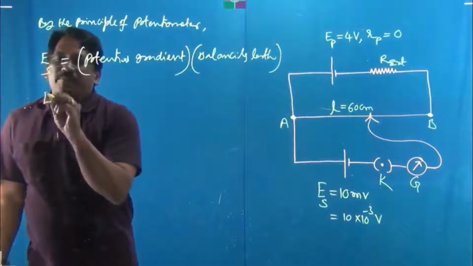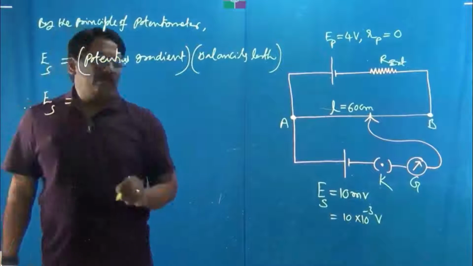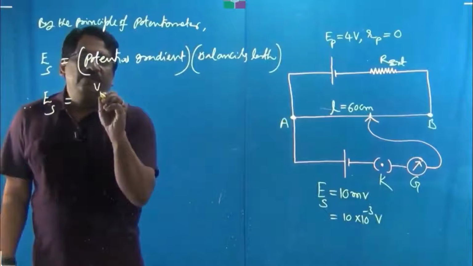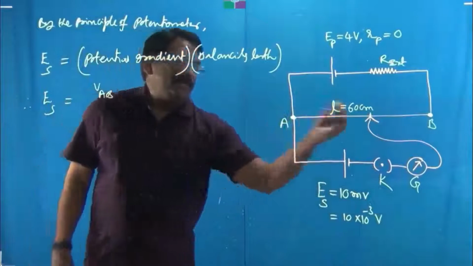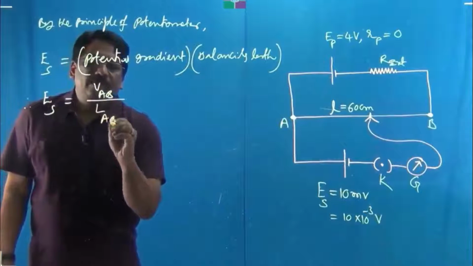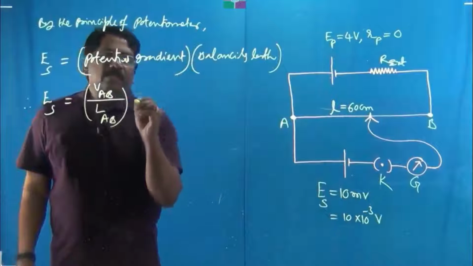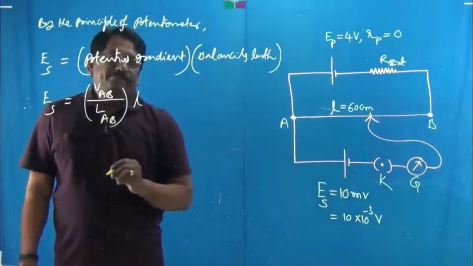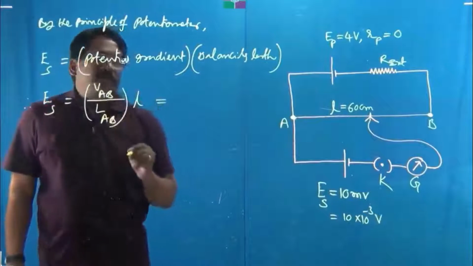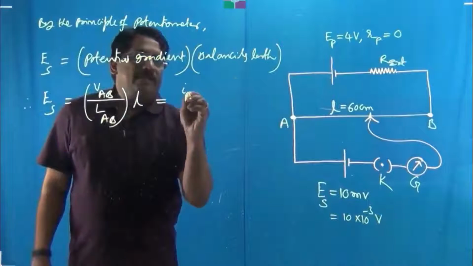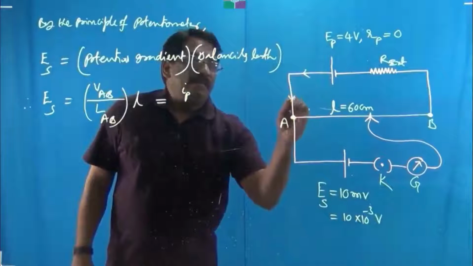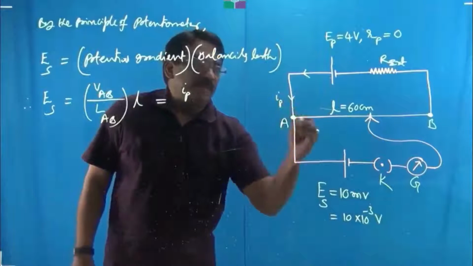Therefore, EMF in the secondary circuit equals the potential gradient, which is V across AB, the potential difference along the wire AB, divided by the total length of the wire AB, into the balancing length L. Further, this V AB we can write as I primary into R of AB, because a current I primary flows, and the same passes through it.